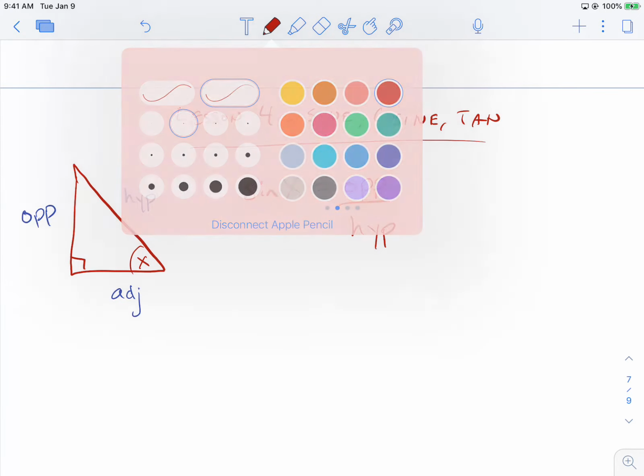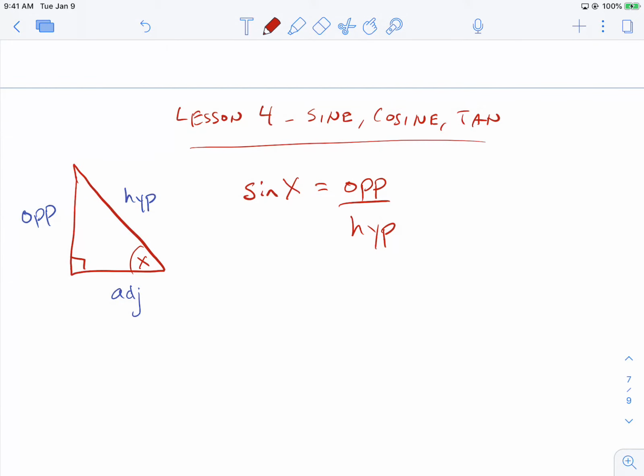Okay, so maybe to help us, let's take a look at some numbers in here. Actually, we're going to use 3, 4, and 5. That's a proper right triangle.